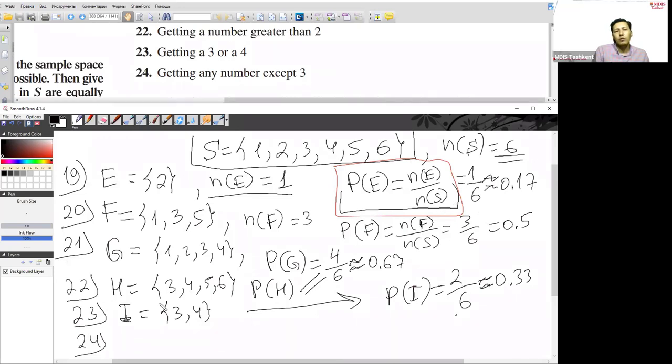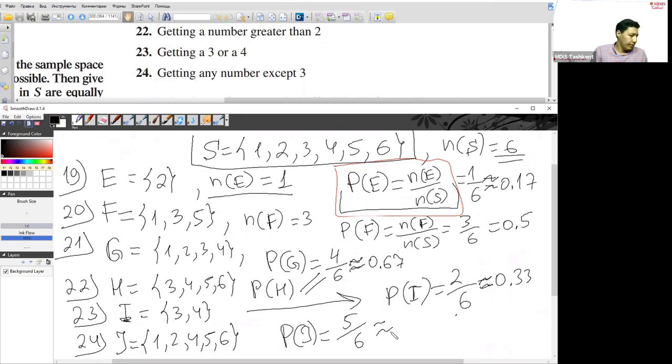So 24, getting any number except 3. So it's 1, 2, 4, 5, or 6. So P(J) is equal to nJ over nS. J has how many elements? 5. And S is 6. So 5 divided by 6 is 0.83.